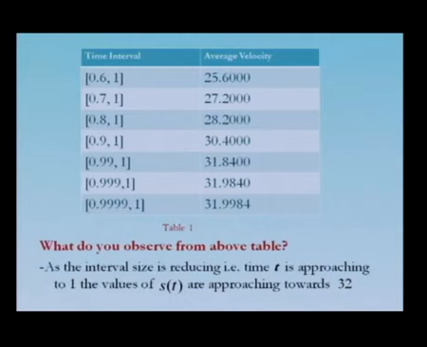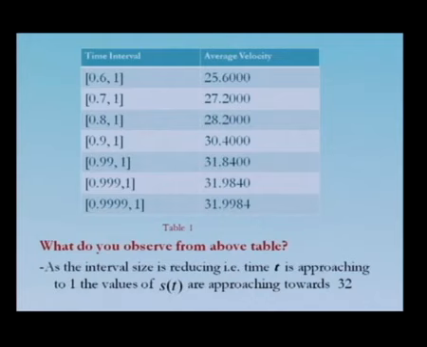When the time interval is 0.8 to 1, the average velocity becomes 28.20. Similarly, as the time interval goes on decreasing in size, finally when it is 0.9999 to 1, the average velocity is 31.9984.